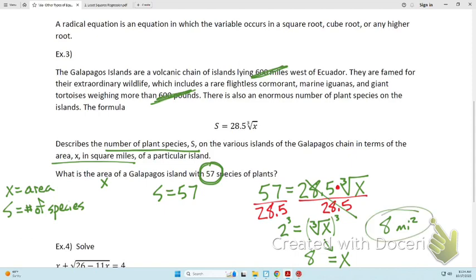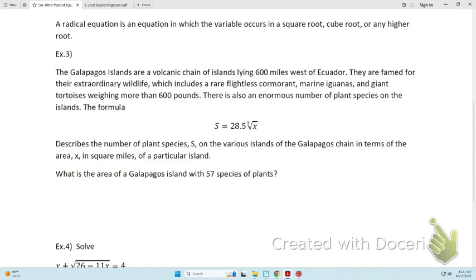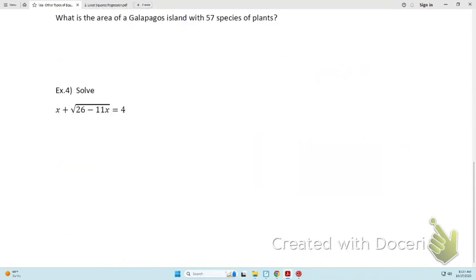All right, number 4, it's probably the hardest yet. That radical with an X in it and an X outside of it can be really tricky. So first off, let's isolate the radical. Let's move X to the other side.